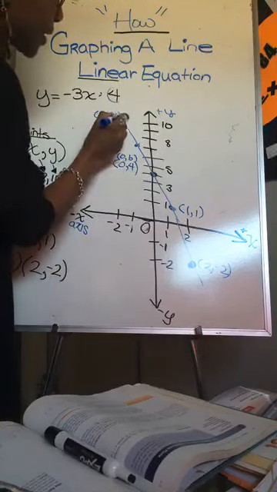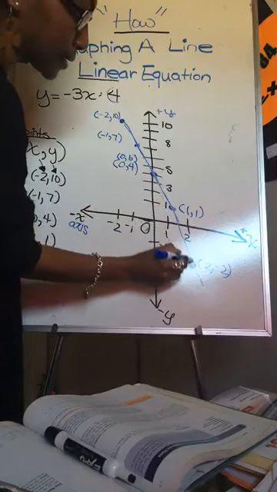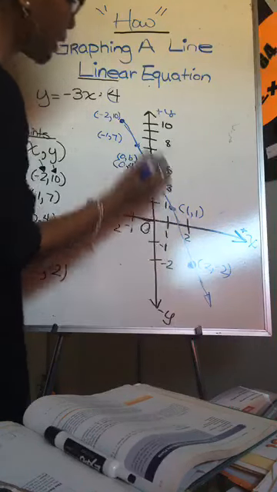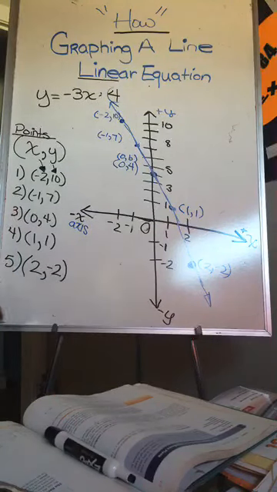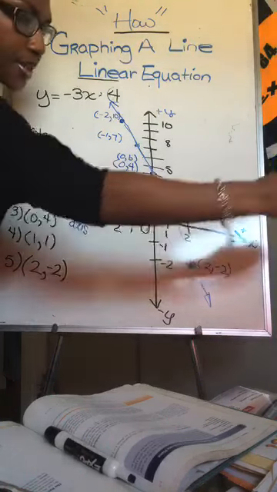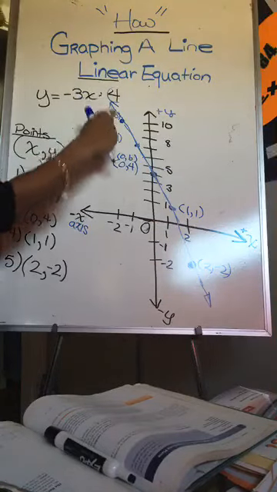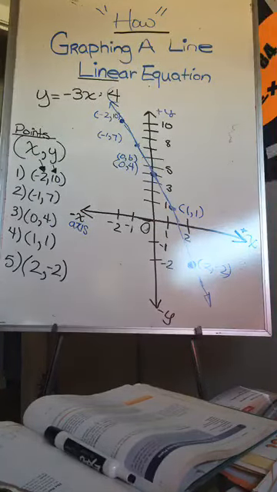All right, so when I connect my points or my dots, put an arrow at the end. We put an arrow at the end of the line because we can keep going. If I were to keep adding values of 3, 4, 5, 6, 7 to infinity, that means this line can continue to infinity and beyond, okay?